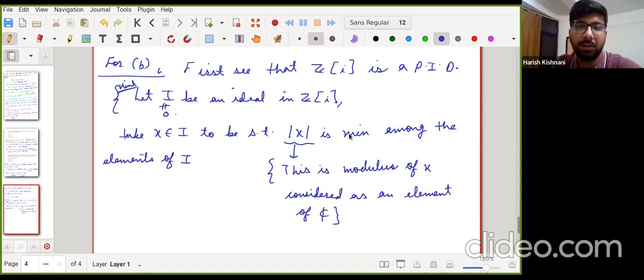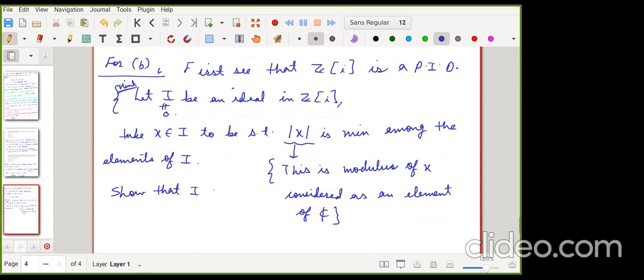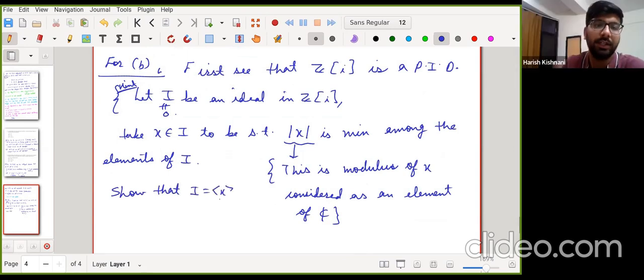So you look at the x which has the minimum modulus among the elements of I and show that I is generated by that element. Yes, x will generate the entire ideal.